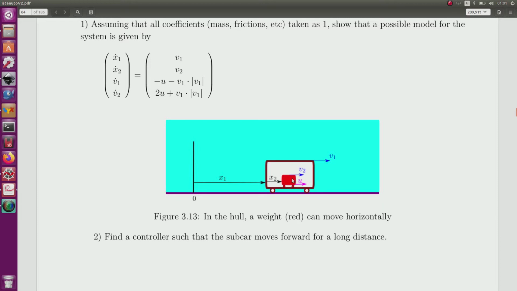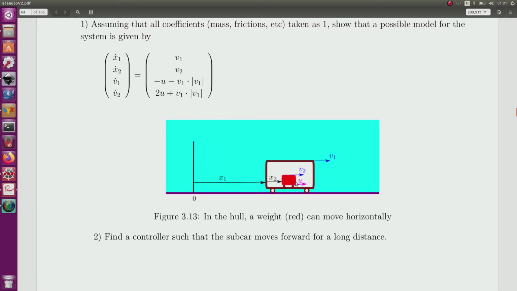We'll assume for simplicity that the mass of the weight and the mass of the main box are both equal to 1. We are also in a fluid, that's why we are in the ocean, and we'll assume that the friction force due to the water will be proportional to the square of the speed, as represented here.